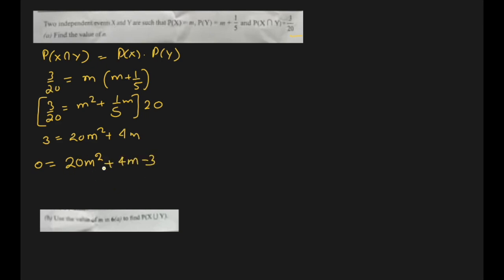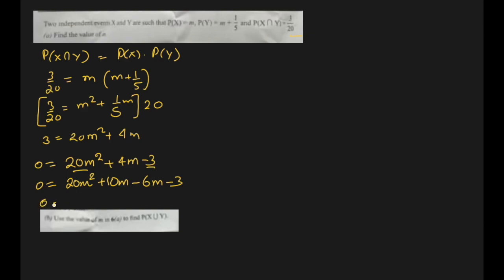Okay, and now we have to factor this, and factoring will help in this one. 20 times 3 is 60, and I factor 60 as 10 and 6. So it can be 20m squared plus 10m minus 6m minus 3.